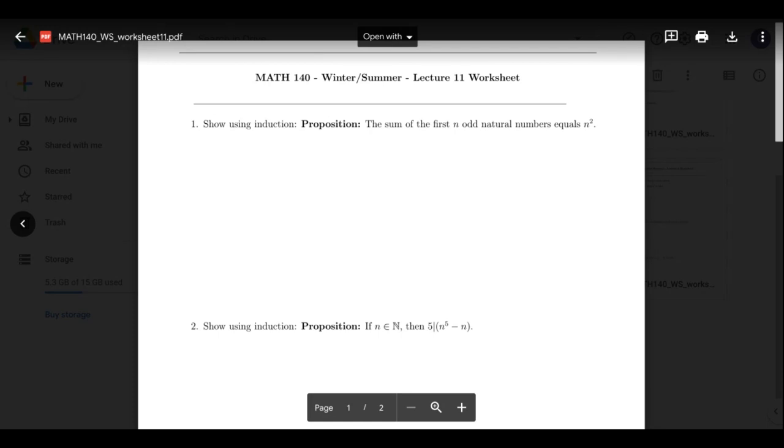So the nth odd natural number is 2n minus 1. What about n plus 1? The n plus 1 odd natural number is 2 times n plus 1 minus 1, which is 2n plus 1.